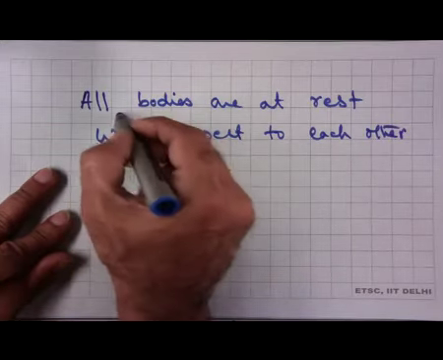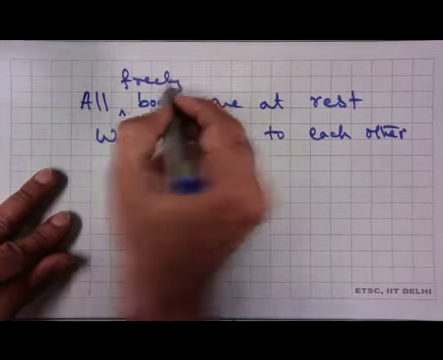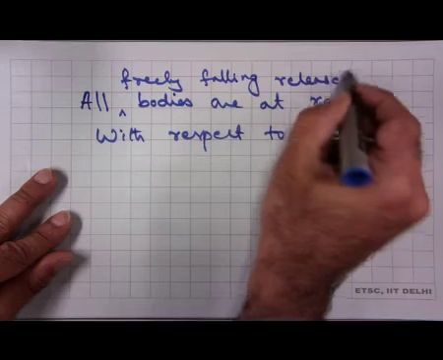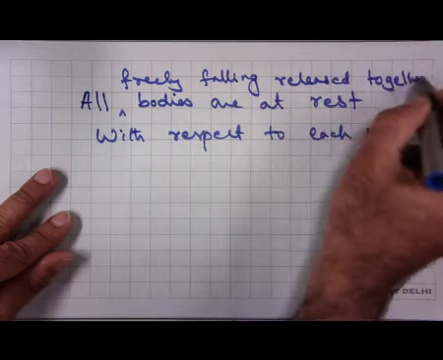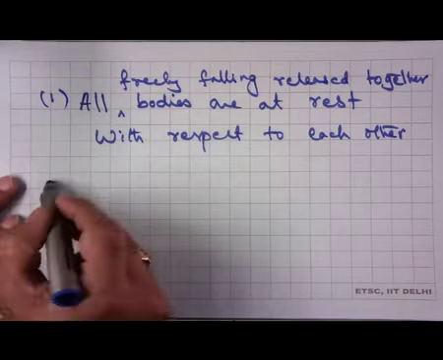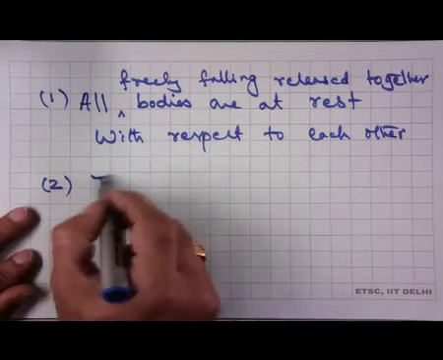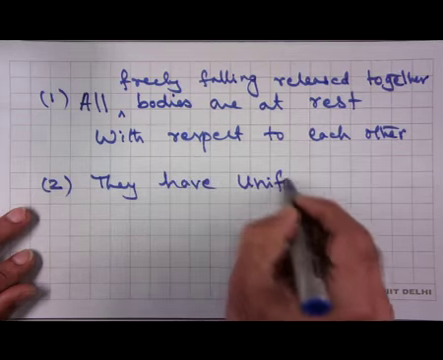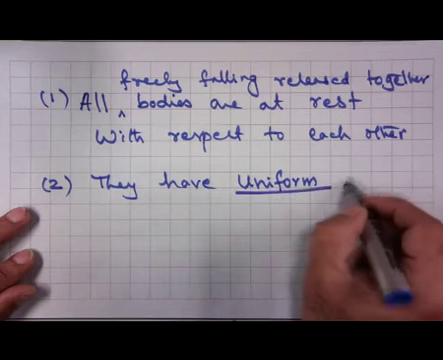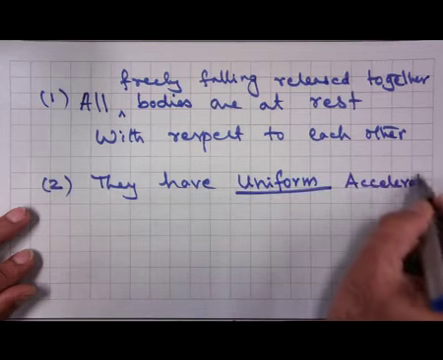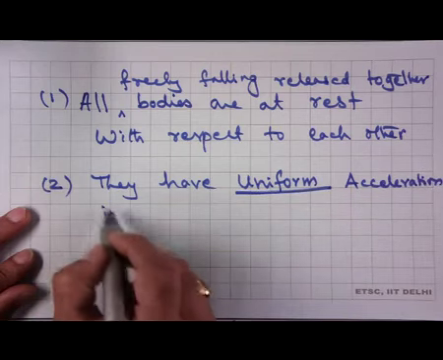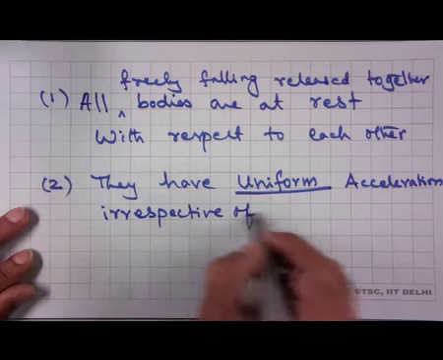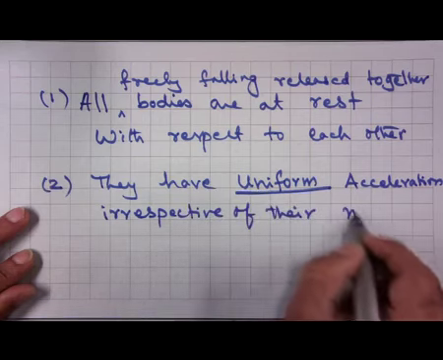So, we should remember, freely falling bodies released together. There should be no confusion. Number 1. Number 2, they have uniform acceleration, irrespective of their mass.